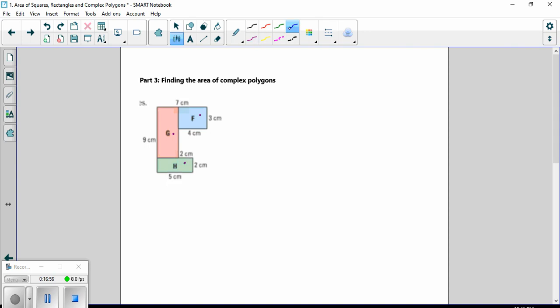Notice this polygon is made up of rectangles. So let's start with the easier two. Let's start with finding the area of F. To find the area of F, area equals base times height since it's a rectangle. What is the base?